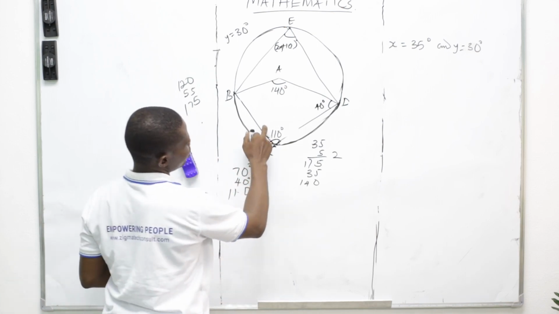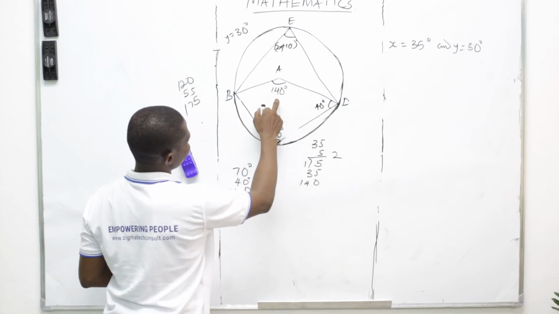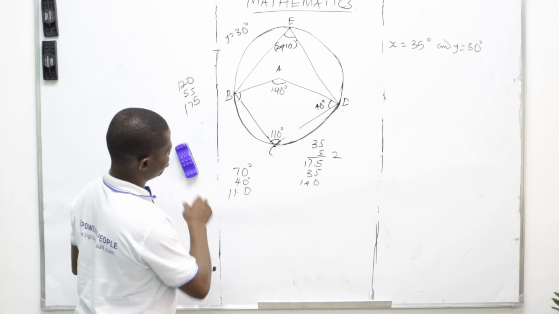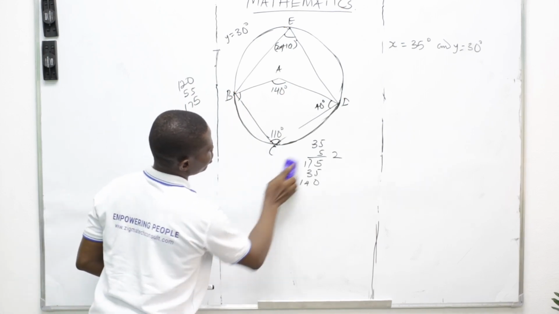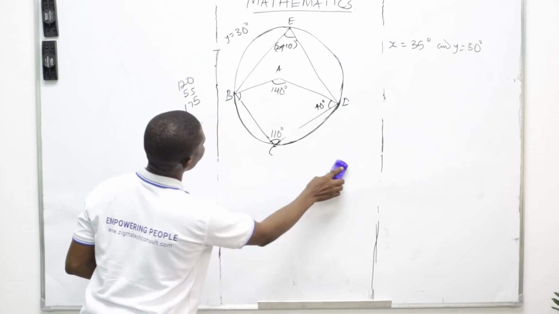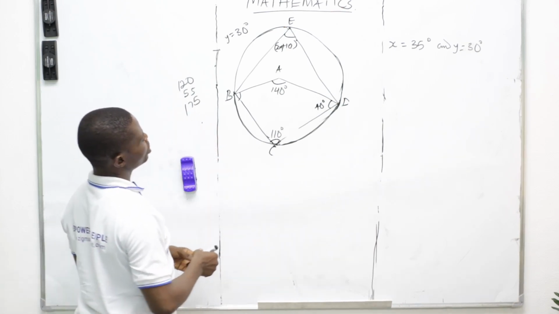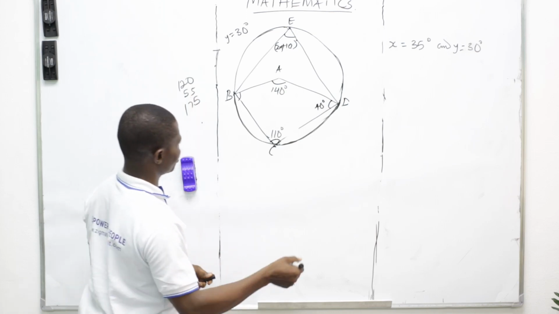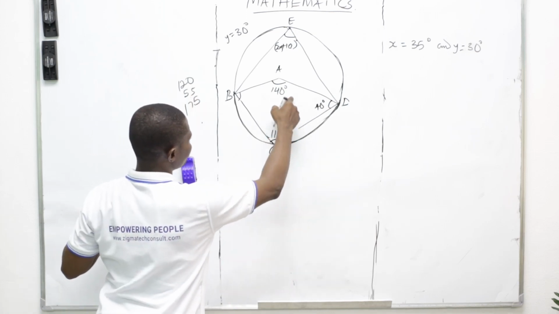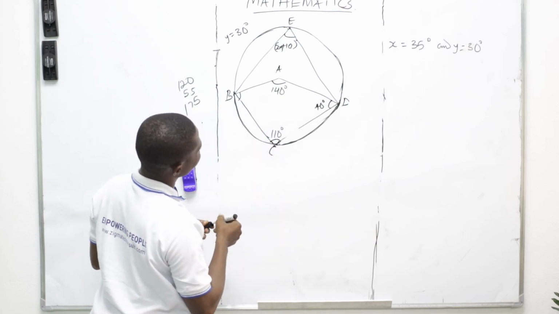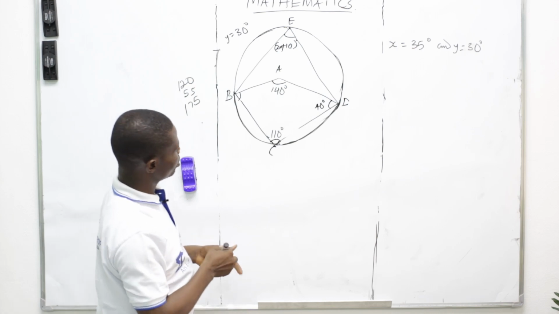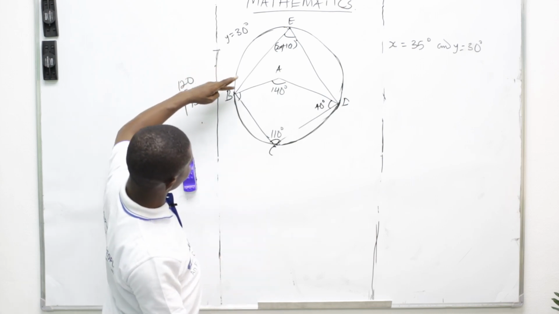If we have here, it means we are looking for this angle. Okay. At this point, we decide to say that this plus this plus this plus this equals 360 degrees. But you may still consider something anyway.